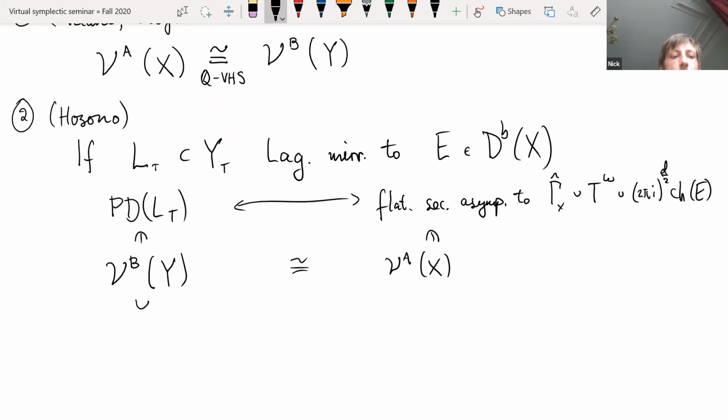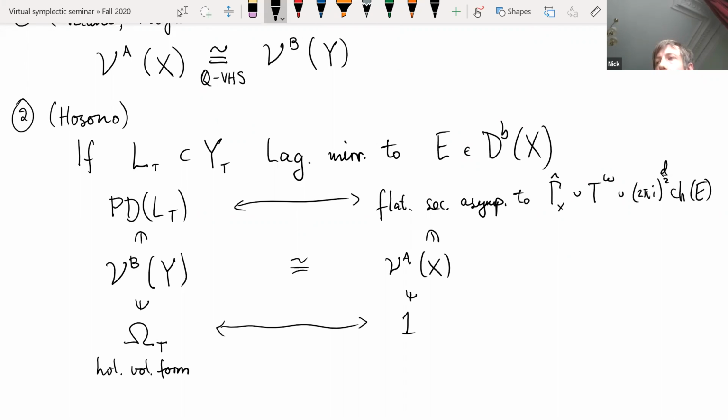Some other things that match up are the holomorphic volume form and the class of the identity in the A variation of Hodge structures.